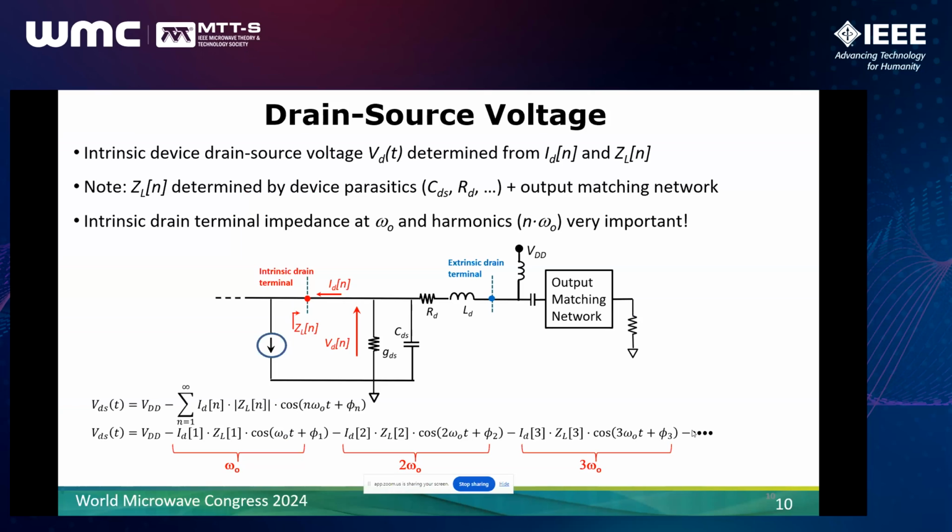Now, a brief view of the drain source voltage. So again, at this point, we're only considering the current source nonlinearity. So I show schematically here a partial diagram including the output section of the device with the intrinsic elements, the extrinsic resistance, inductance going off to a bias and output matching circuit.